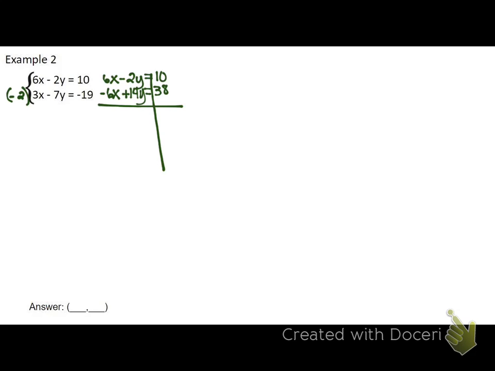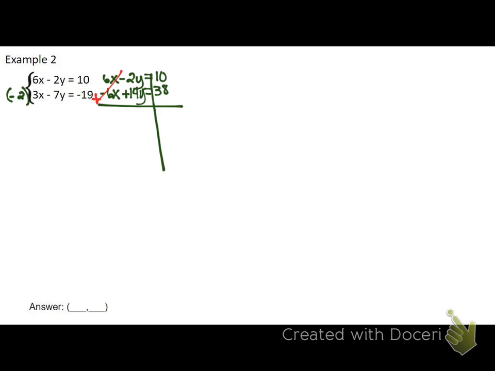In order to get rid of the 6x and negative 6x, am I going to add them or subtract them? Okay. So 6x plus negative 6x, that cancels. Then what's negative 2y plus 14y? 12.